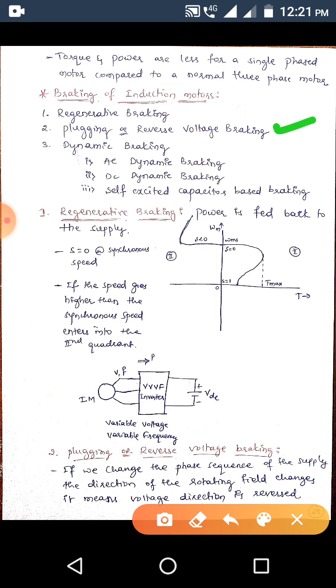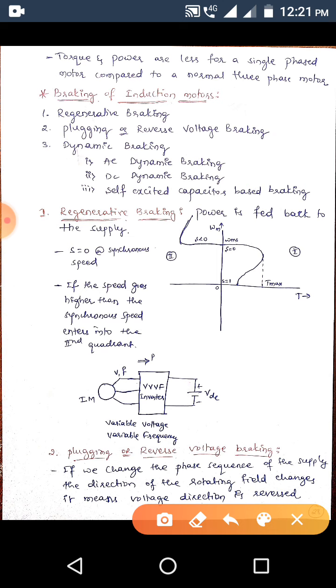We have one more, dynamic braking. There are several types of dynamic braking depending upon the supply: AC dynamic braking, DC dynamic braking, and the third one, self excited capacitor based braking.